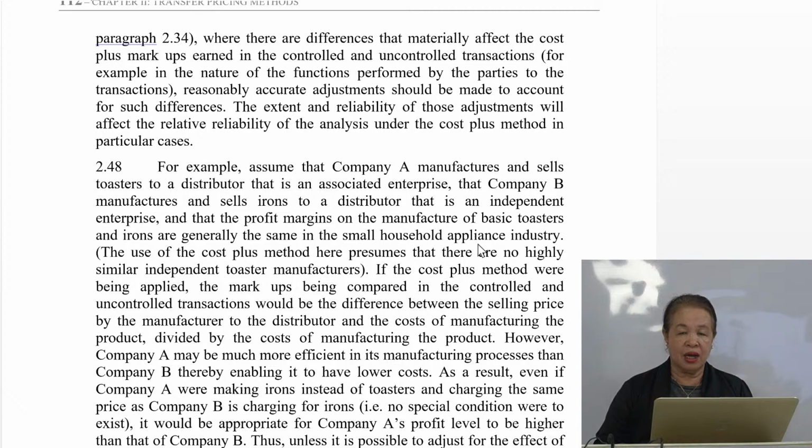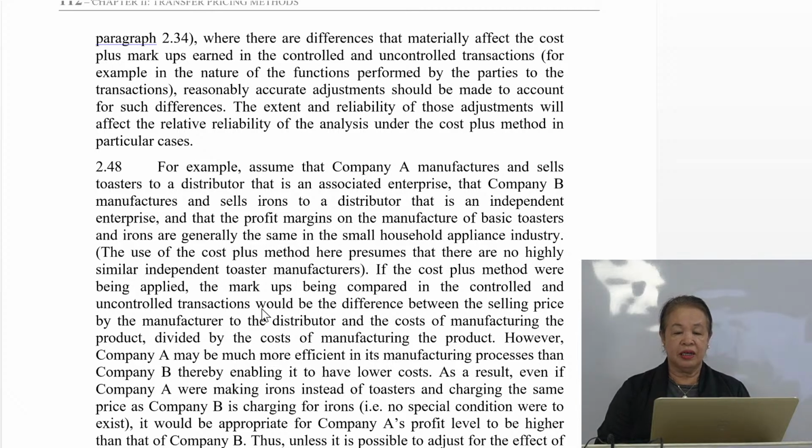So, maggagawa ka ngayon ng adjustment to account for the differences to make them similar. No? So, the extent and reliability of those adjustments will affect the relative reliability of the analysis under the cost plus method in particular cases. No? So, reliability of adjustments is very important because that will be the source of dispute between the examiner and the taxpayer.